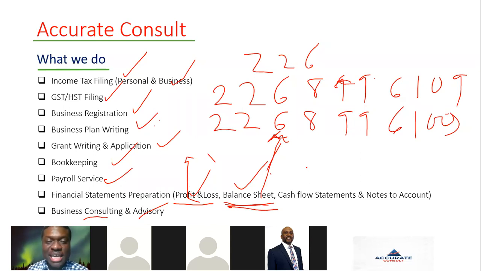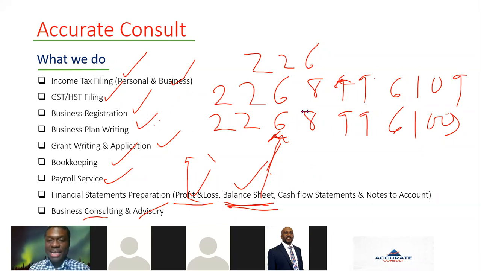Then you can use the detailed method that will allow you to claim as much as possible. Sorry, did you say all the rent or part of the rent?